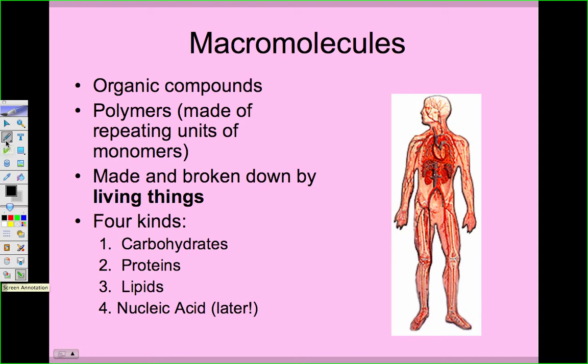The lipids are the fats and oils and other molecules that are what we call hydrophobic. That means they don't dissolve in water or they don't like water. And lipids include molecules that are important for insulation, for protection, and they make up the cell membrane.